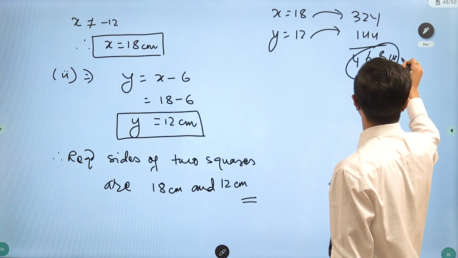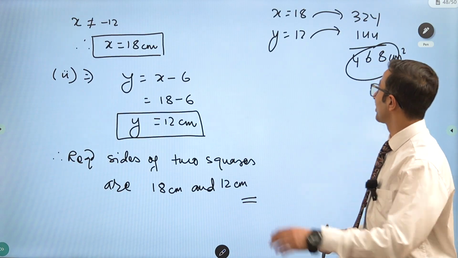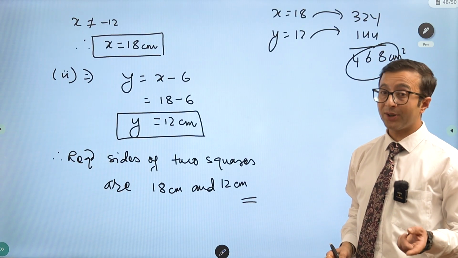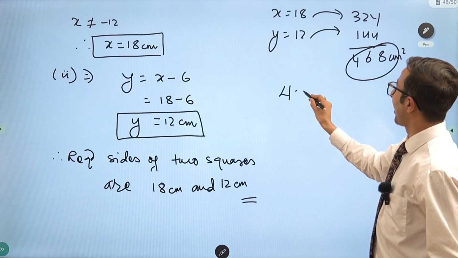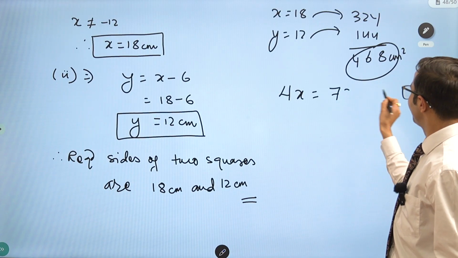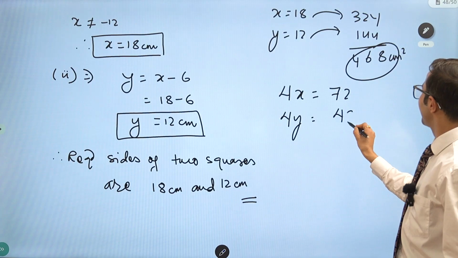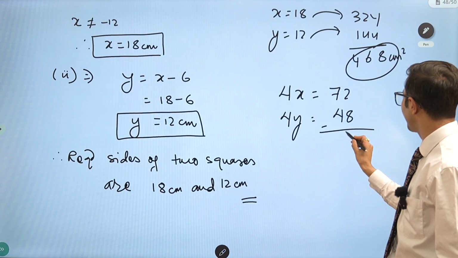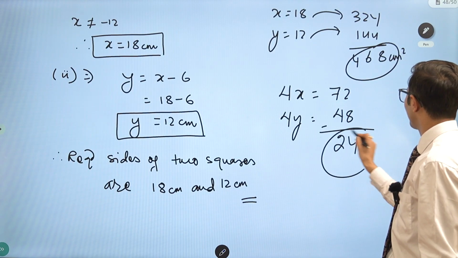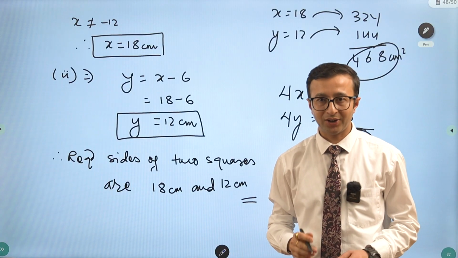We got 468 centimeter square as the area. So the first part is verified. Second, the difference of their perimeters. 4 into x, 18 4s are 72. 4 into y, 12 4s are 48. 72 minus 48 will give us 24. So our solution is correct.